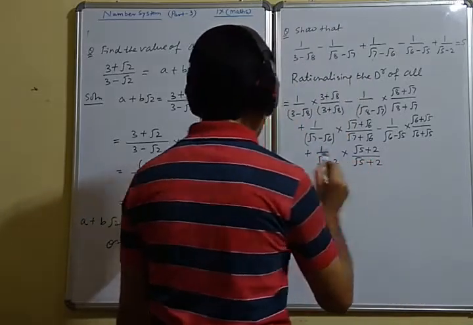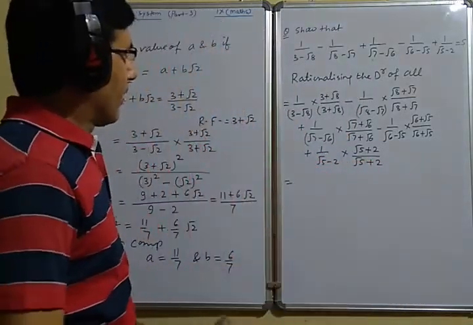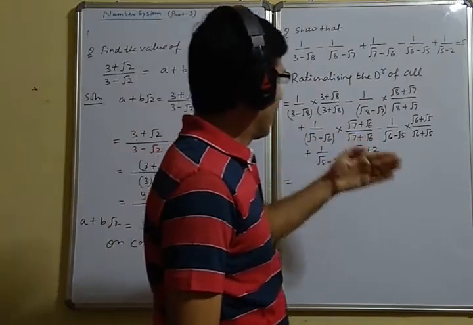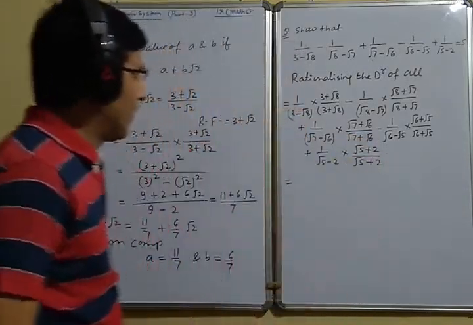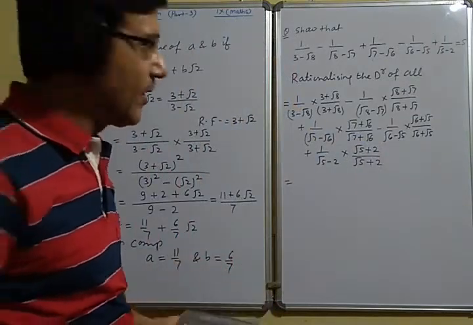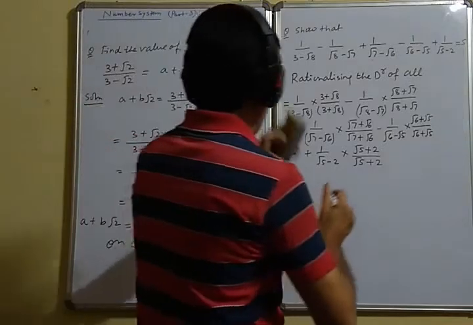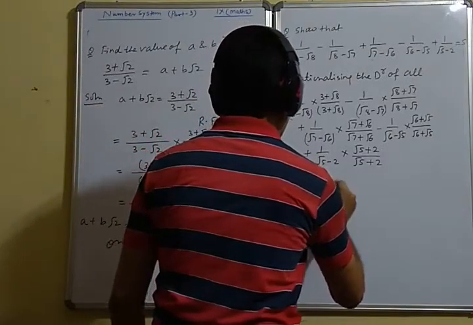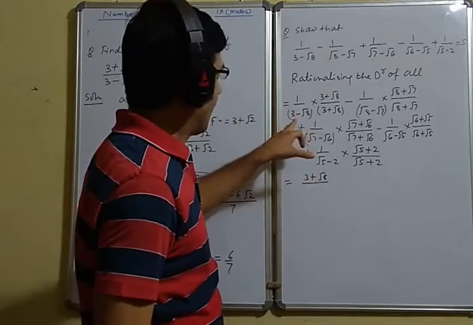Now we'll simplify one by one. In the denominator, in each case, we'll get a plus b into a minus b form. So here we'll use the formula a square minus b square. So now the first one is 3 plus root 8 divided by a plus b, a minus b.